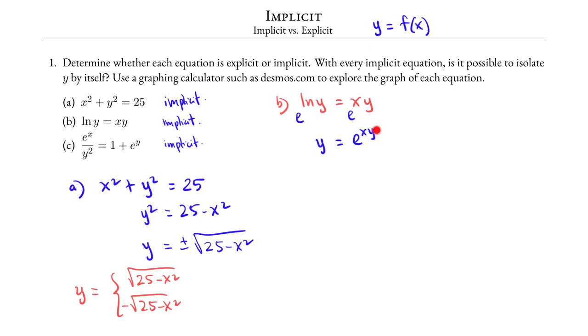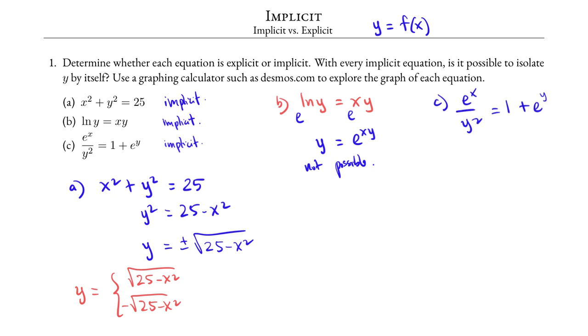That is, we cannot separate y by itself. And so for the second part, it is not possible to isolate y. Not possible.